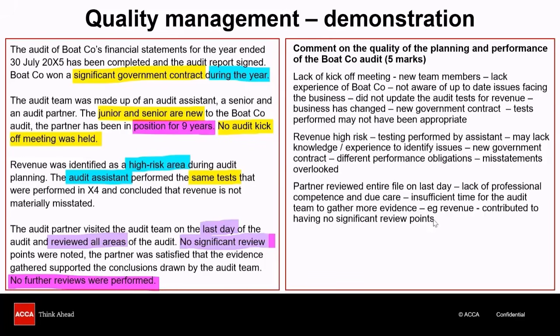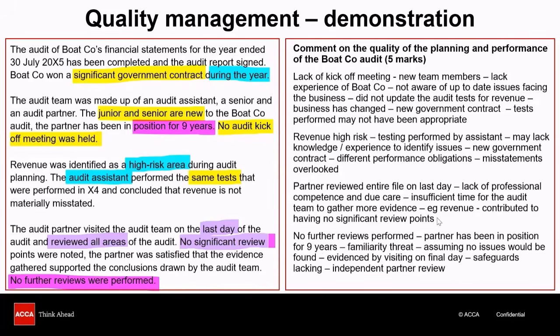And they didn't find any significant review points during the audit, which is weird, right? It's always odd if that happens. I mean, it could be that the client's doing everything perfectly, but that's quite unlikely. So the fact the partner didn't find any significant review points suggests that familiarity threat has actually manifested itself. So no further reviews were performed.